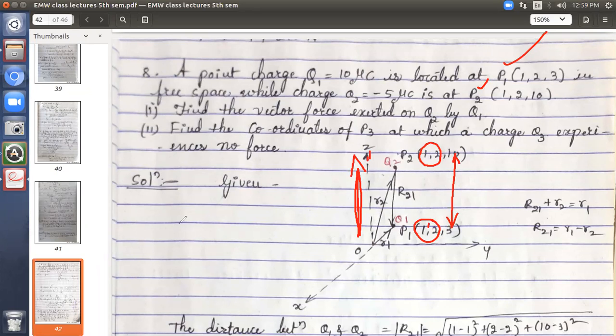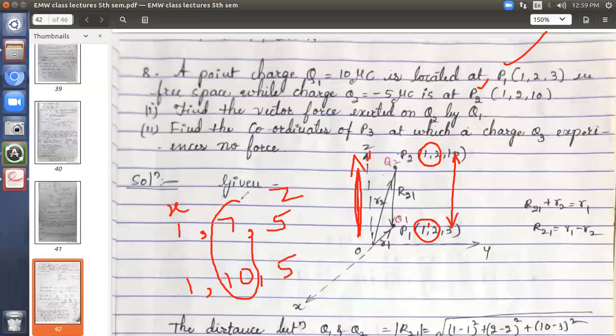Suppose the points are somewhat like this: 1, 5, 7, 1, say 10, 5. Suppose the question might have been like this, then how would I have used it? X direction is same, z direction is same, the only difference is in y. So I might have used it like this.